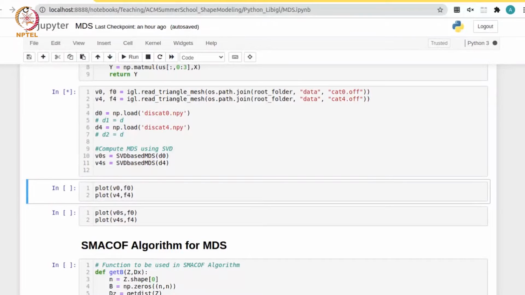Now again, I want to compute an MDS, an embedding of these set of points. I need to compute only the first three singular vectors and three singular values. I am not familiar with what command gives you only the first three singular vectors, so I've just used the entire SVD, which is why it's still taking a lot of time.